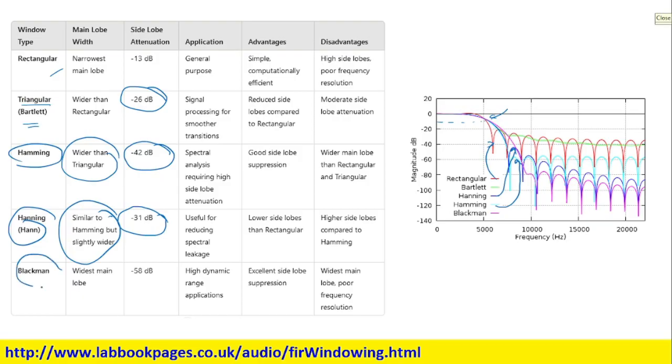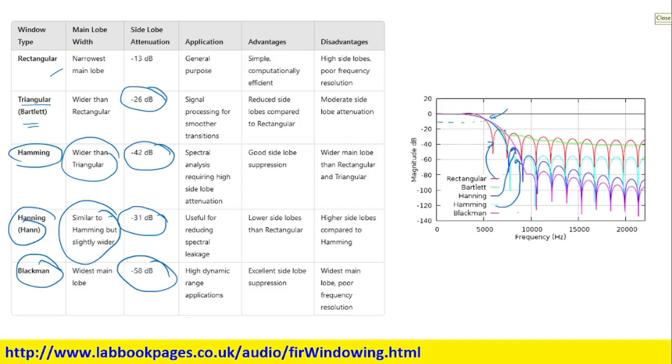The Blackman is also quite low. It has minus 58 dB, and it comes down more gradually. So now, I think you should be able to appreciate the difference between the transition and the ripples or the attenuation.